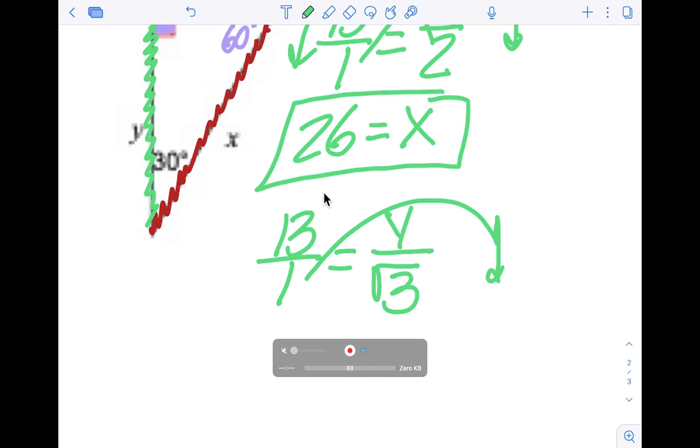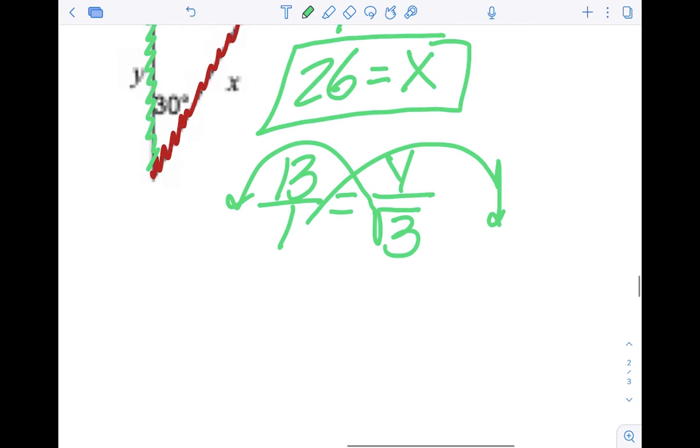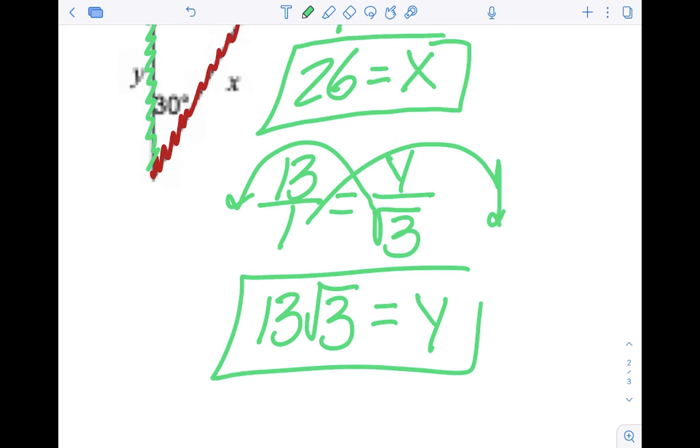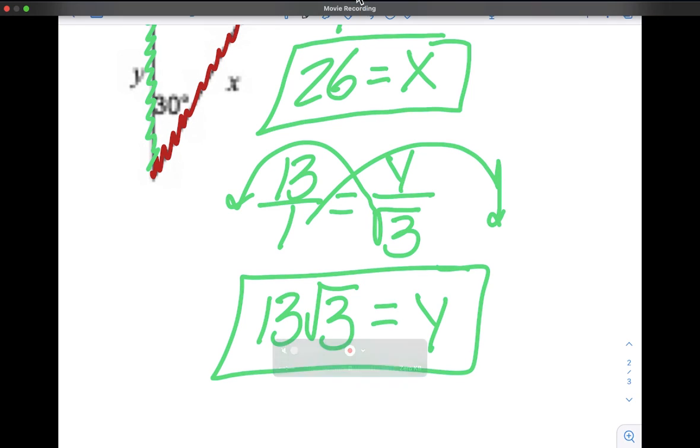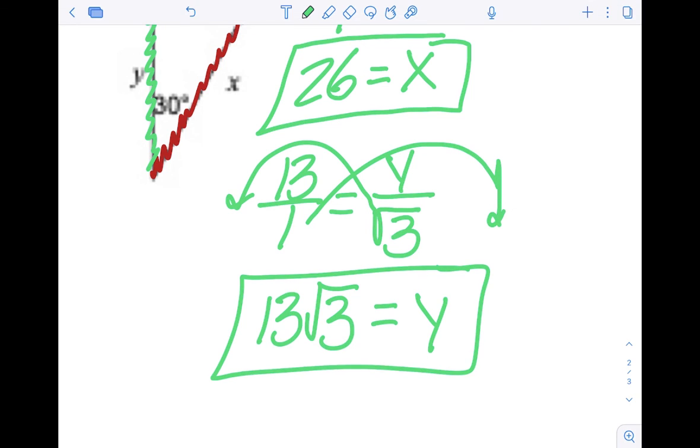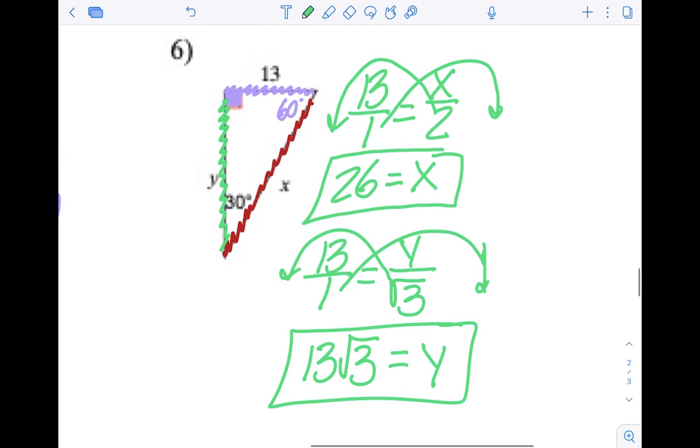I cross multiply. 13 times radical 3 is 13 radical 3. 1 times y is y. And boom, look at that. I have found my x and I have found my y.